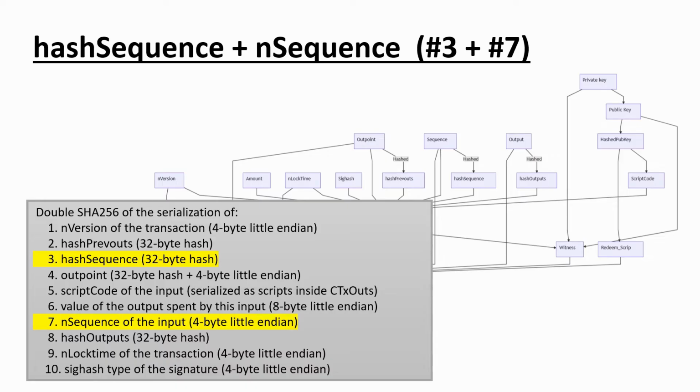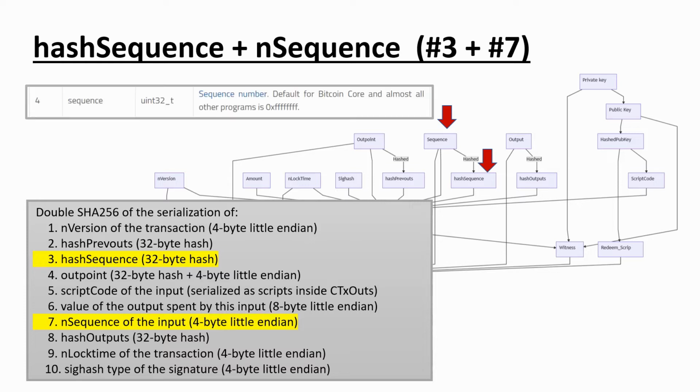The sequence field, which is item number 7, is a bit of a weird one, because it is meant to be used in a more complex type of transaction. However, we are creating a basic Segwit transaction, so we will use the default value of FF, FF, FF, FF.